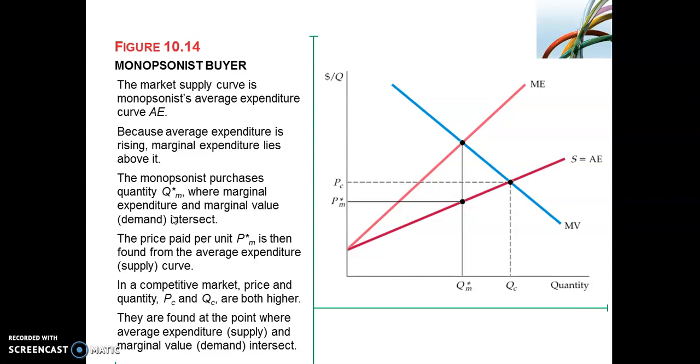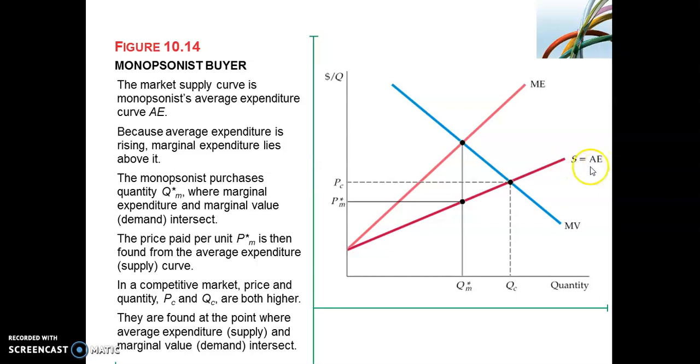In the figure, you can see we have three curves. The marginal value curve, which is the downward sloping blue curve, is also the demand curve. Then you've got the marginal expenditure curve, in pink or lighter orange, which is upward sloping. And then you've got the supply curve in this dark red magenta color. This is also the average expenditure curve.